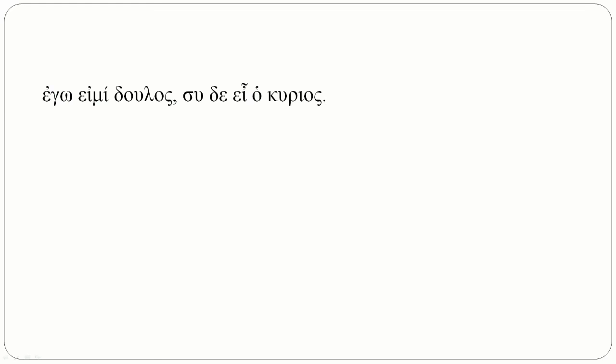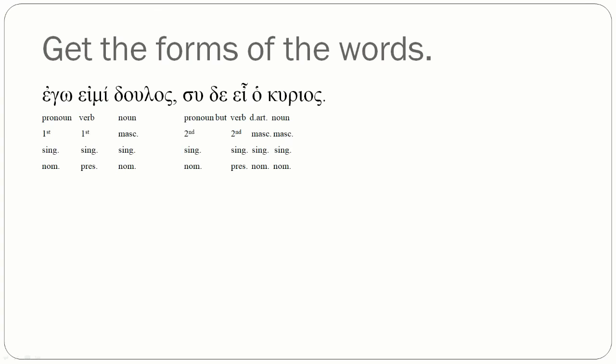All right, next sentence here. Ego eimi doulos, su de ei ho kurios. All right, let's get all the forms of these words. Ego is a pronoun. It is a first-person pronoun. The form is singular nominative. Eimi is your verb.